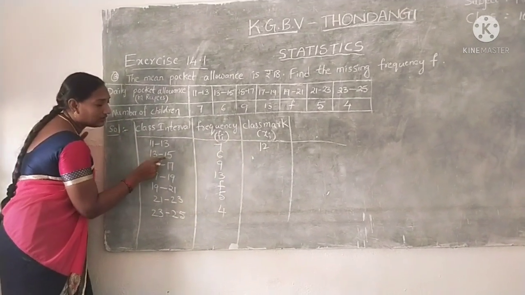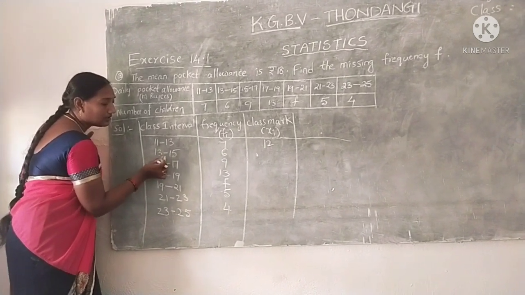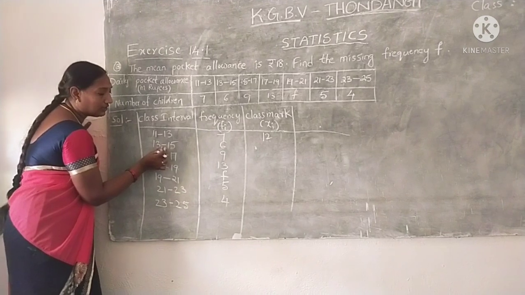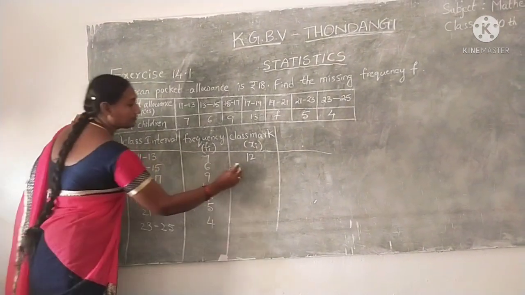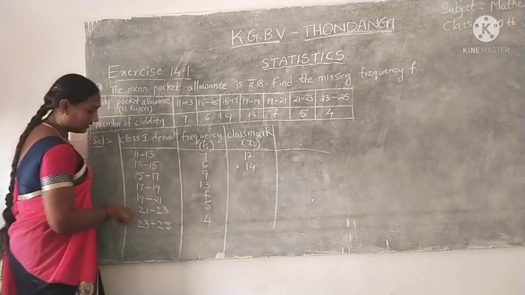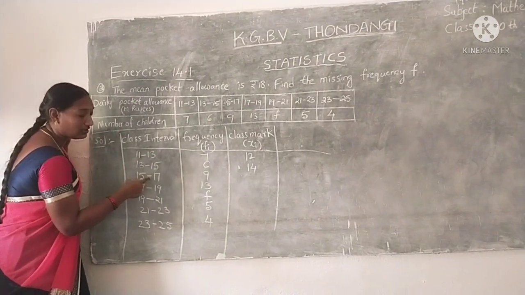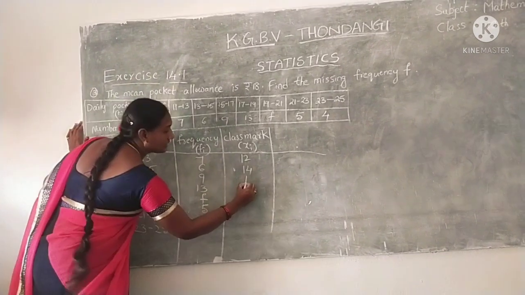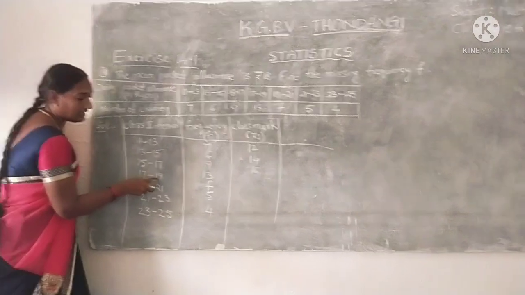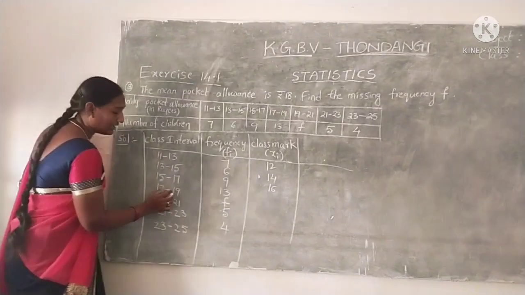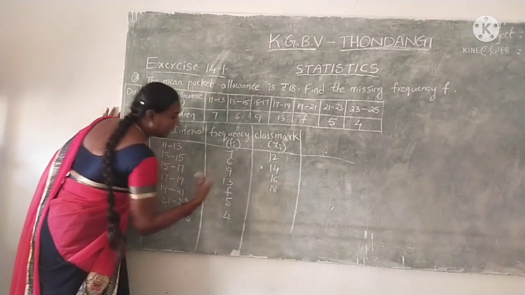Next, 13 and 15. What is the mid value of 13 and 15? That means the number in between, 14. Next, 15 to 17, the mid value is 16. Next, 17 and 19, the mid value is 18.